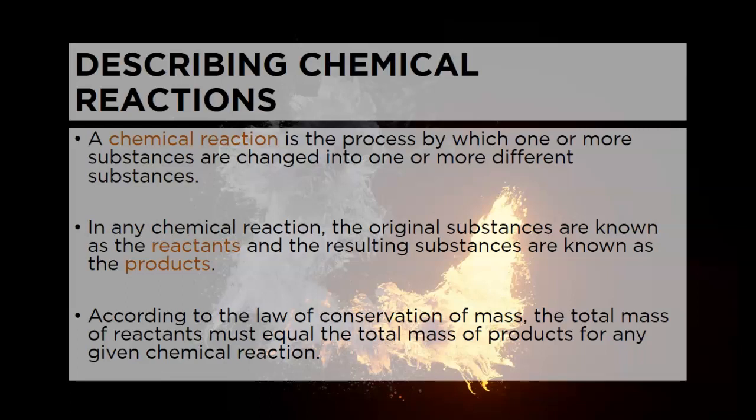A chemical reaction is really more where you're getting something brand new. Like if I burn paper, I started with paper, I ended up with ash. Cooking food, cooking eggs, you're getting a totally new substance when you cook it.